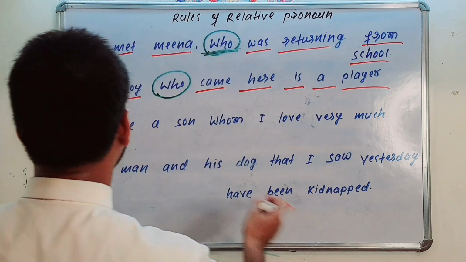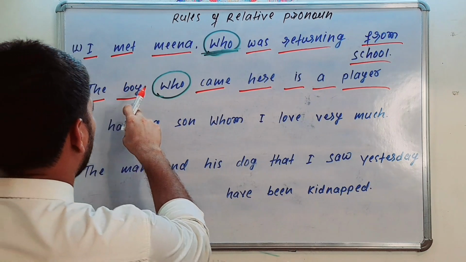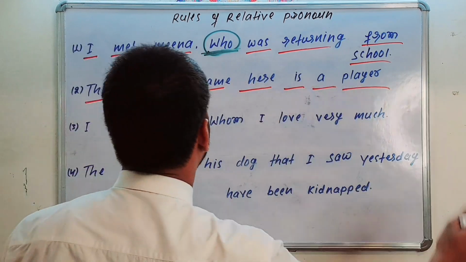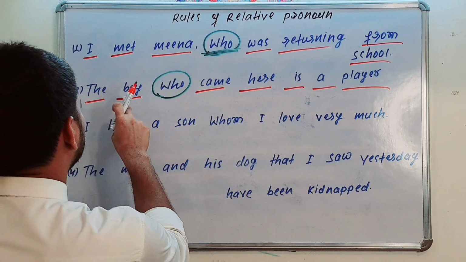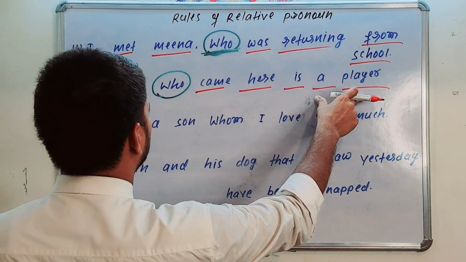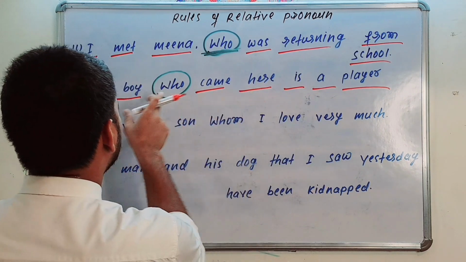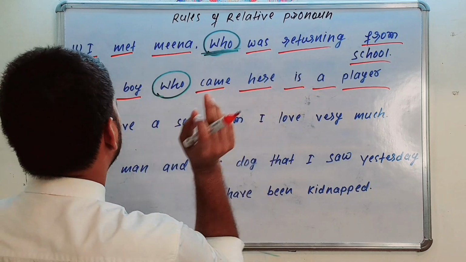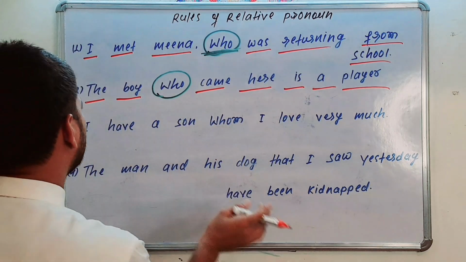The relative pronoun who, which, that is used as a subject in a subordinate clause, and here I'm going to show you how. The boy who came here is a player. Here, the boy is a player who came here. The boy is a player is the first coordinate clause.